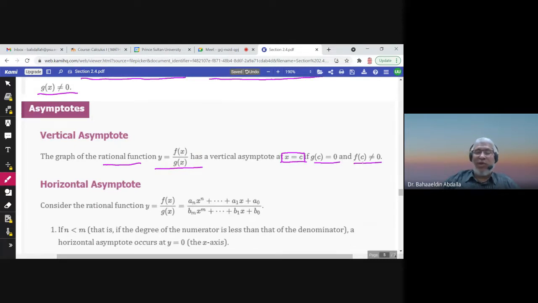zeros of the numerator. So for example, if you have x over x times (x plus 1), then at x equals 0, there is a hole, not a vertical asymptote, because 0 is a zero of the numerator and the denominator.